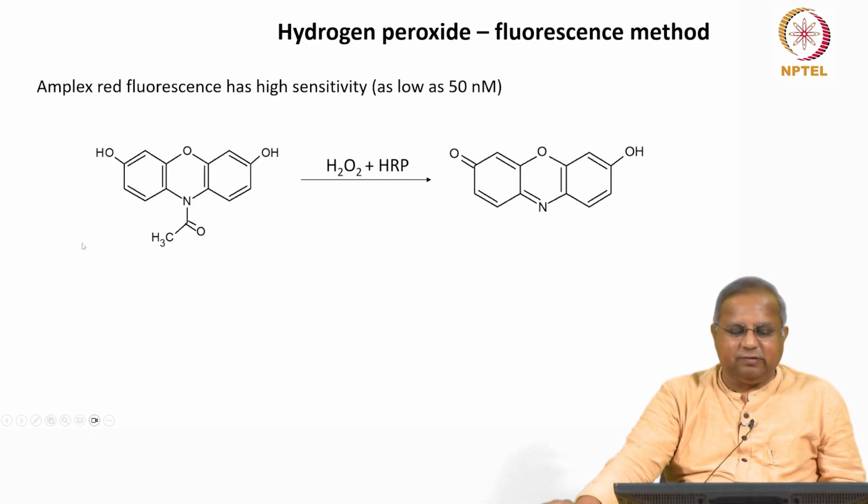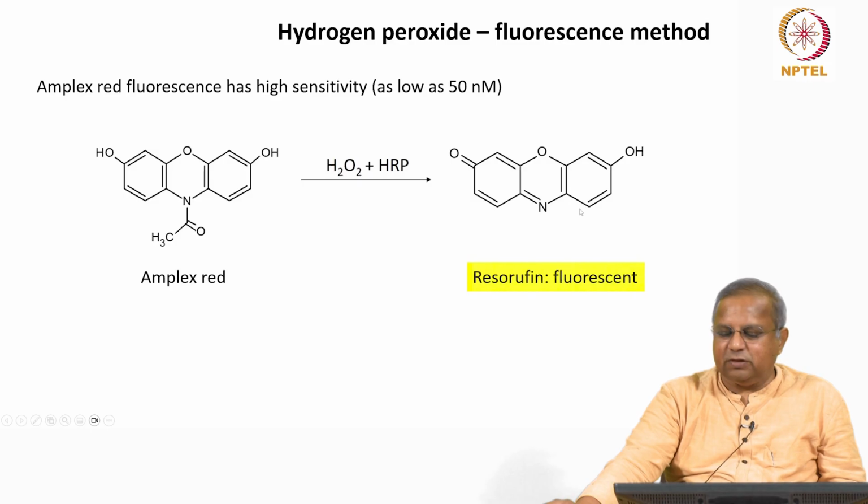The principle is quite straightforward. This is your Amplex red. When hydrogen peroxide comes along with horseradish peroxidase, it's a peroxidase, therefore it will split hydrogen peroxide, and whatever is split from here will interact with this and give you this product, and this product happens to be resorufin, which is a fluorescent molecule.